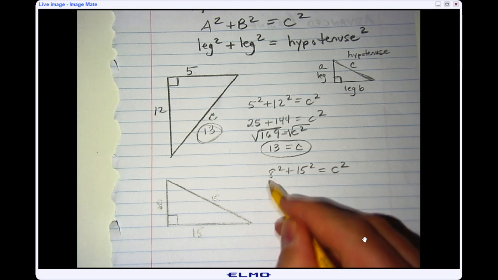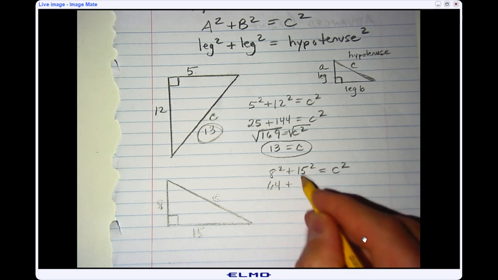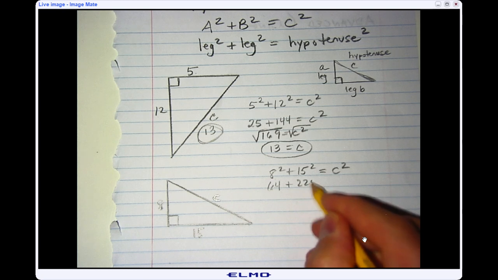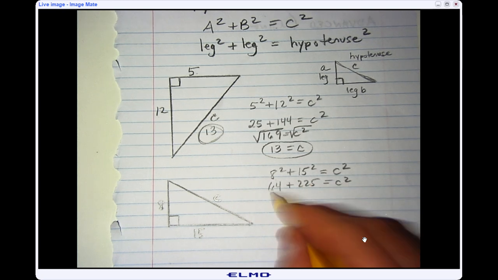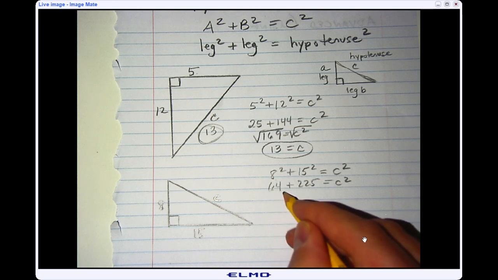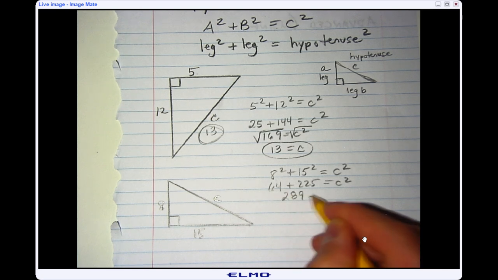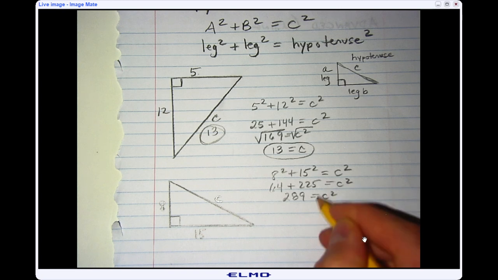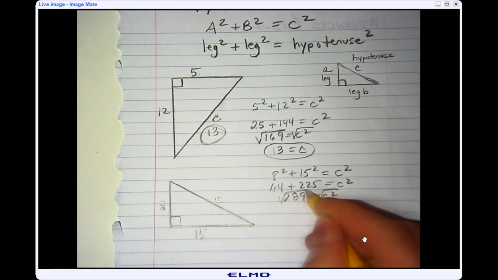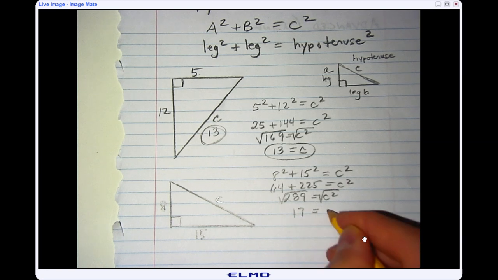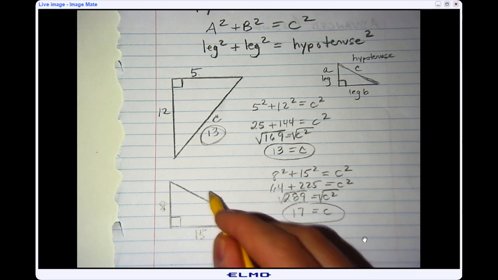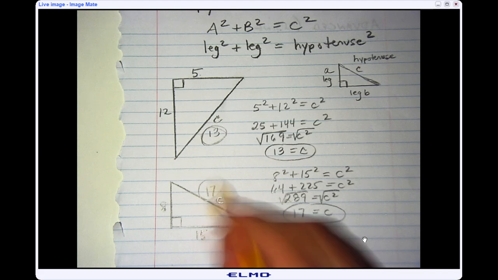Well, 8 squared is 64, and 15 squared is 225. If I add those together, 225 plus 64, I would be at 289. So I have one last step. I need to square root this. The square root of 289 is 17. So this missing side, my hypotenuse, is 17.